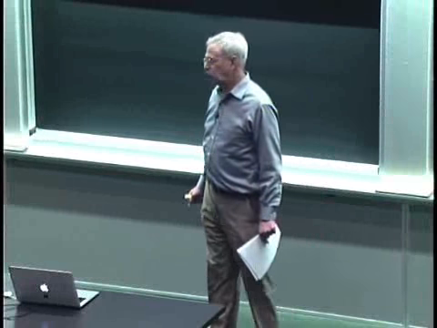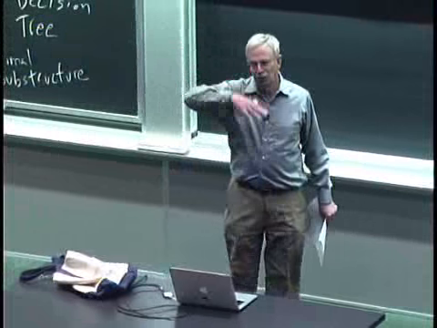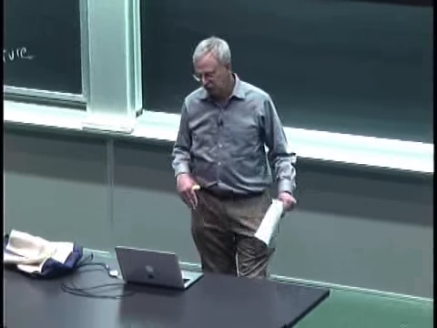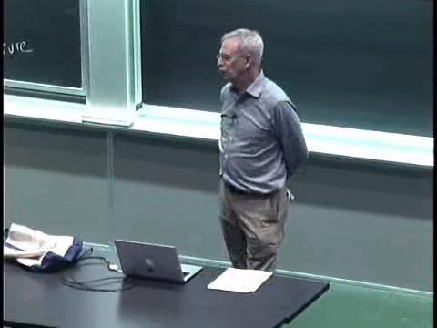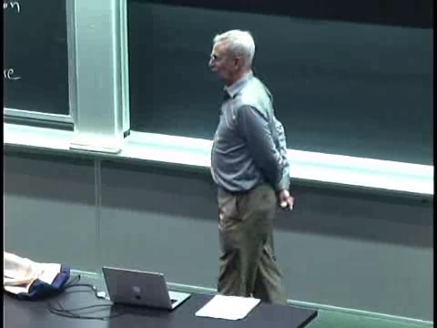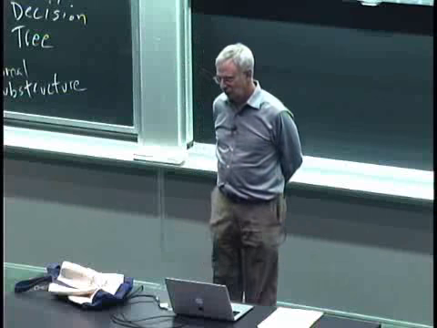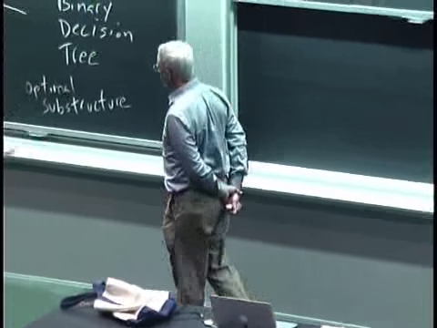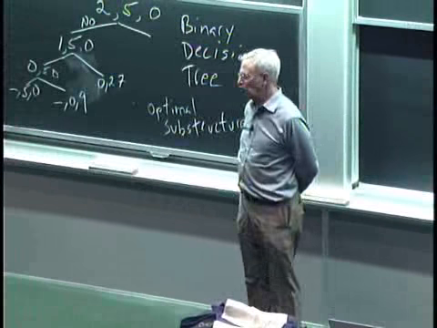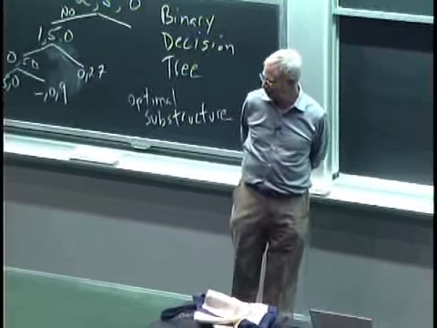And then we asked ourselves, why did it take so long to run? And when we turned on the print statement, what we saw is it was doing the same thing over and over again, because a lot of the subproblems were the same. It was as if when we went through this search tree, we never remembered what we got at the bottom, and we just recomputed things over and over.